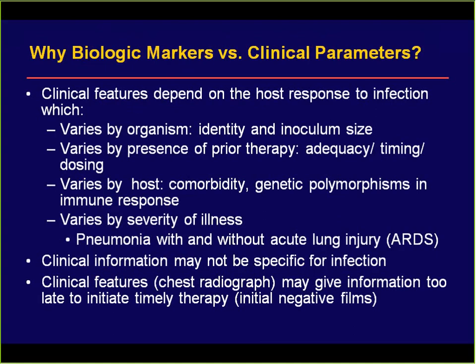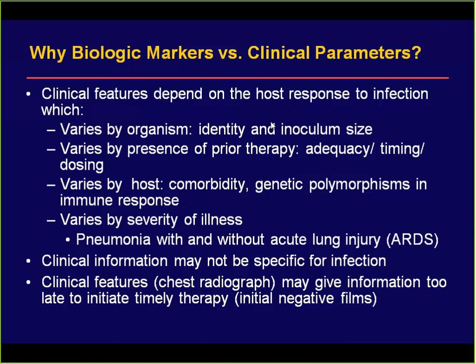So I guess the first question that I wanted to open with is why is there a role for biomarkers, and why not just use clinical parameters to assess patients when you're managing them with infection? And again, I think there's a couple of logical reasons to think that biomarkers could be useful. The clinical features that we use to assess patients while we're treating infection depend largely on the host response to that infection.